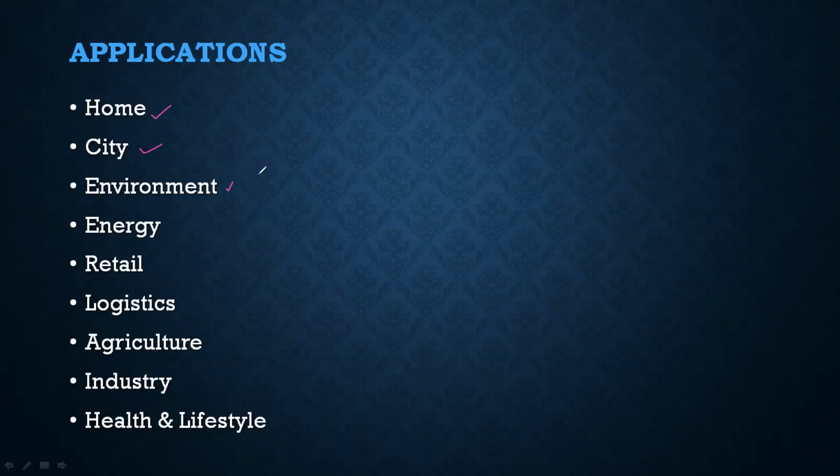In the environment domain we have weather monitoring systems, air pollution, noise pollution, forest fire detection, and river floods. Those can be IoT applications in the environment domain. In the energy domain, we have IoT applications like smart grids and renewable energy systems like solar and wind energies.